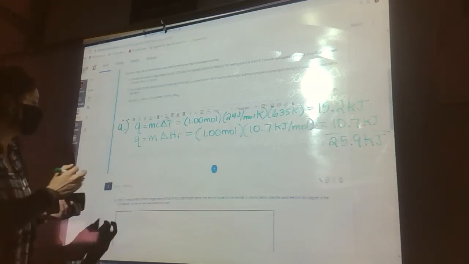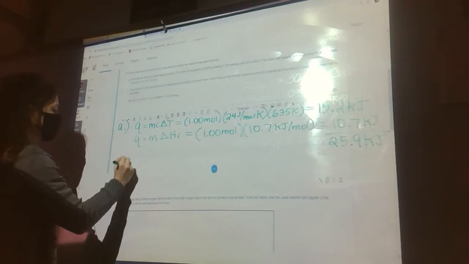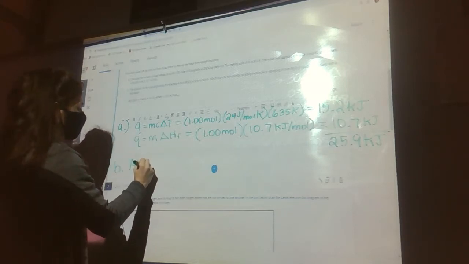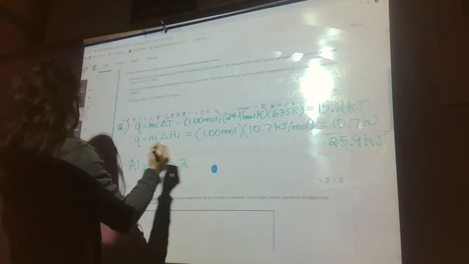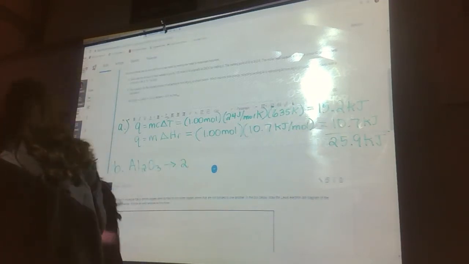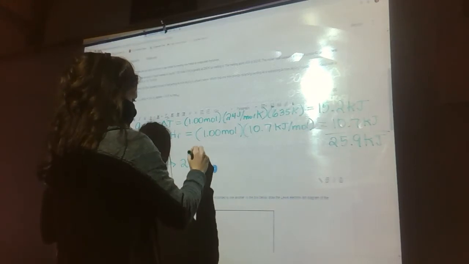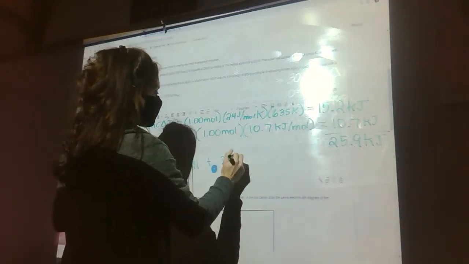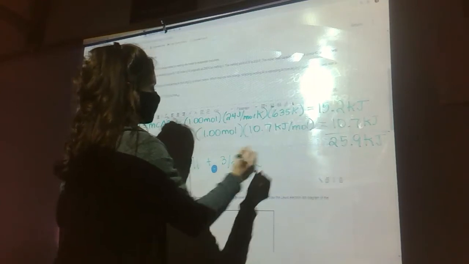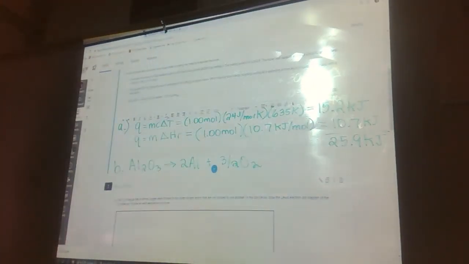Okay. The second part, we have this reaction. Aluminum oxide goes to aluminum and oxygen. It's basically the reverse of the combustion of aluminum.